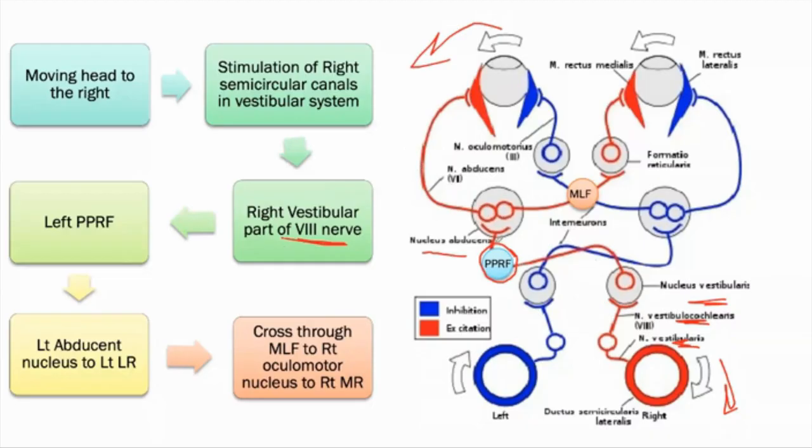On the other hand, the parapontine reticular formation will send impulses that will pass to the other side through the medial longitudinal fasciculus. We will talk about this in a while.